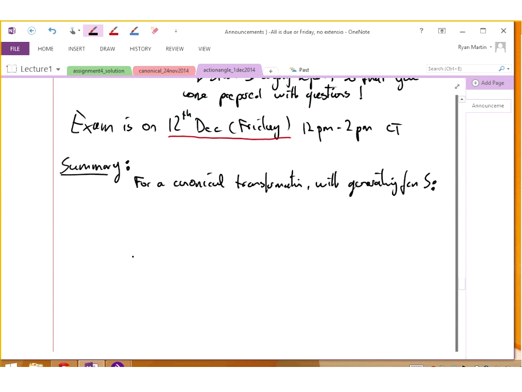Now, if we choose K to be equal to 0, then we get the Hamilton-Jacobi equation. The Hamilton-Jacobi equation is then just H plus ∂S/∂t equals 0, and it's a partial differential equation for S.